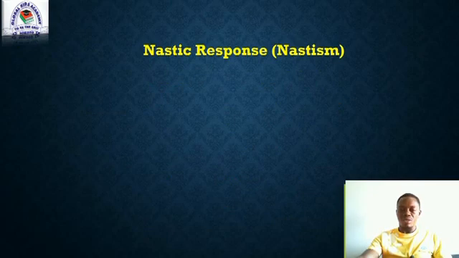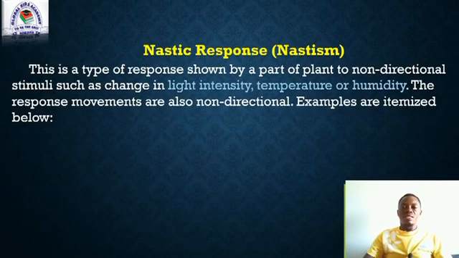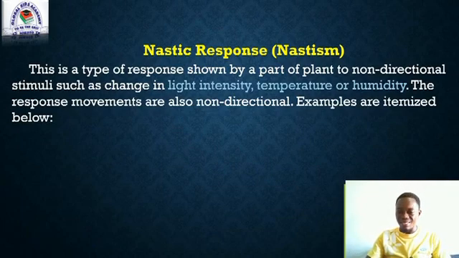Nastic response or nastism. This is a type of response shown by a part of a plant. Take note, a part of a plant is responding to non-directional stimuli here, such as a change in light intensity, temperature, or humidity. You can take a look at these abiotic factors.